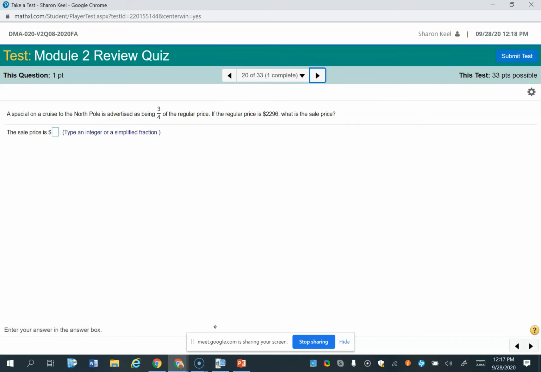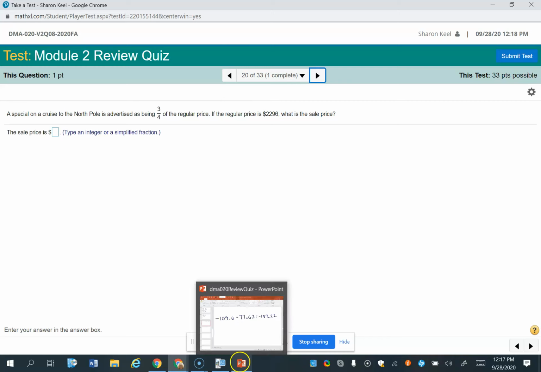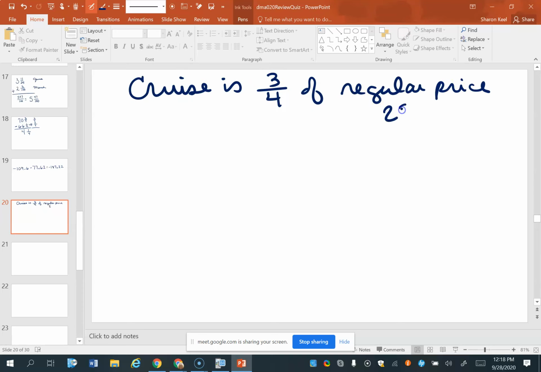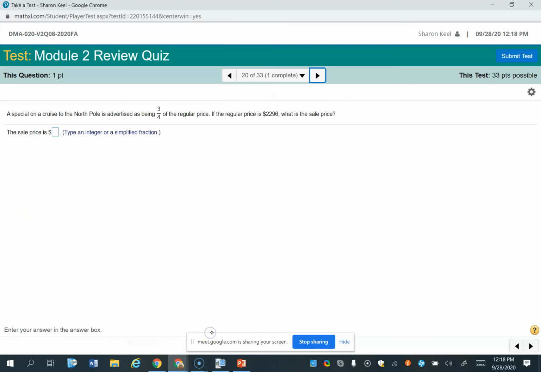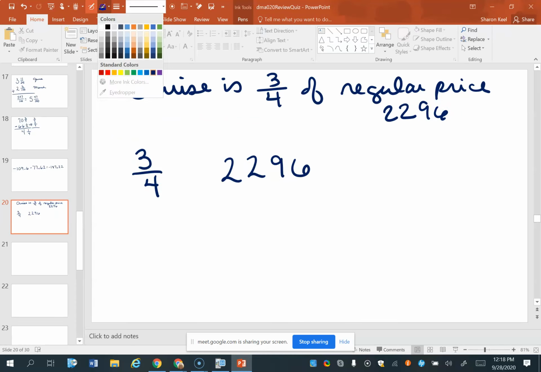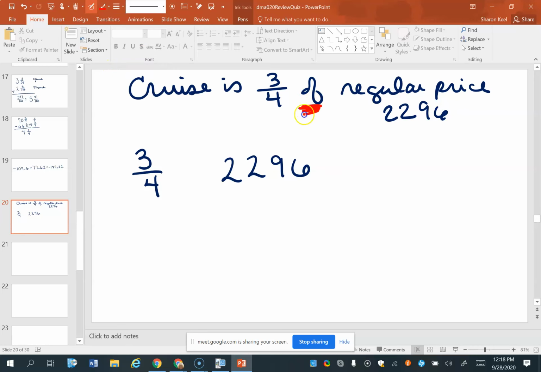A special on a cruise to the North Pole is advertised as being 3/4 of the regular price. So the cruise is 3/4 the regular price. And the regular price was $2,290. So this is a problem, and we need to figure out what operation we are going to use. Pay attention. If you remember, the word of means we're going to multiply.